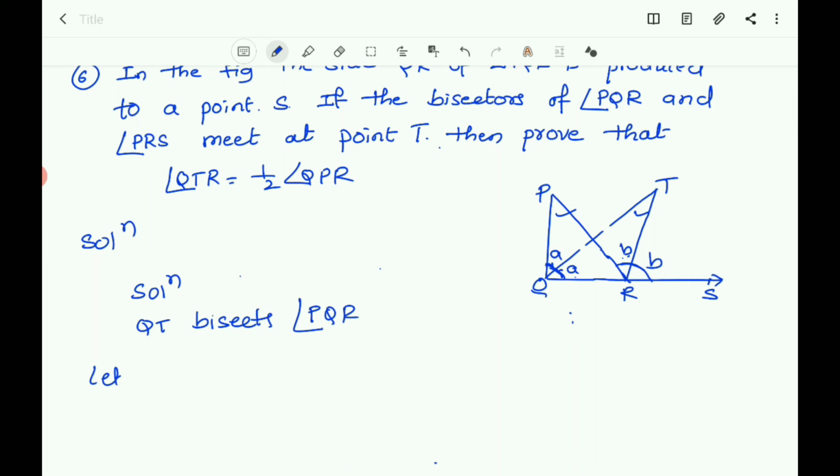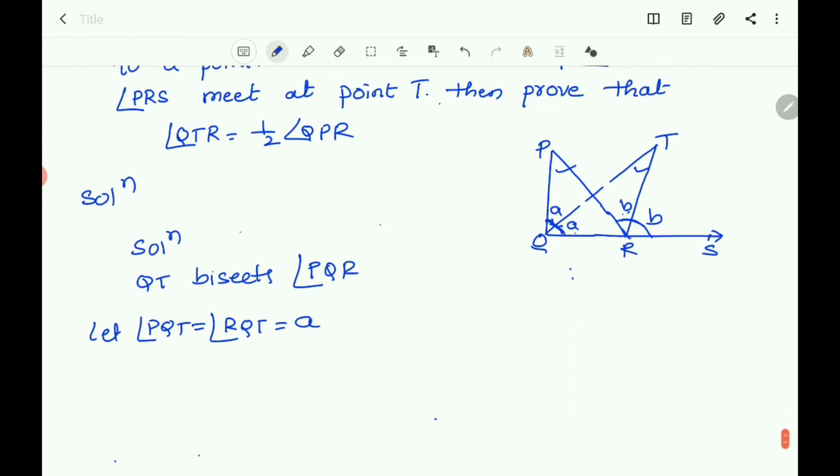They must be equal because these are the two angles made by the bisector QT of angle PQR. Angle PQR is divided into two equal angles, PQT and TQR here. So let angle PQT be equal to angle RQT. Let both be equal to A here.